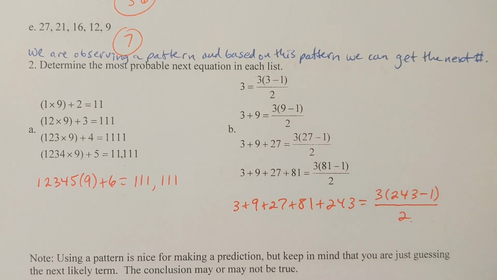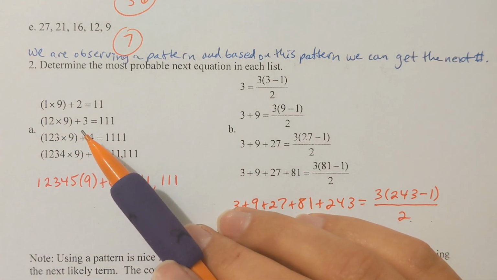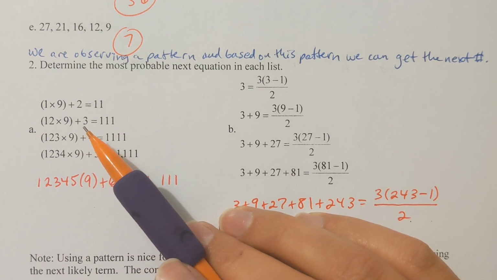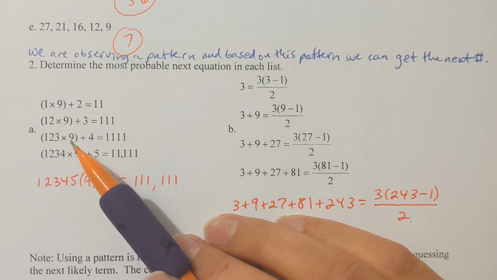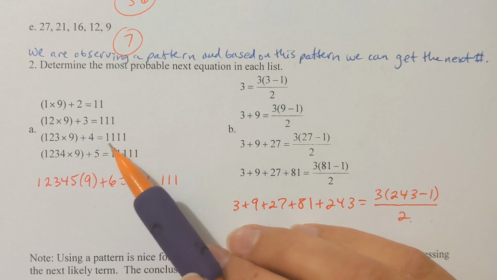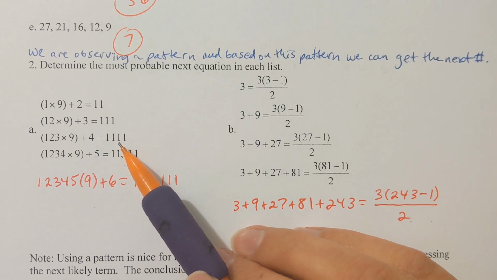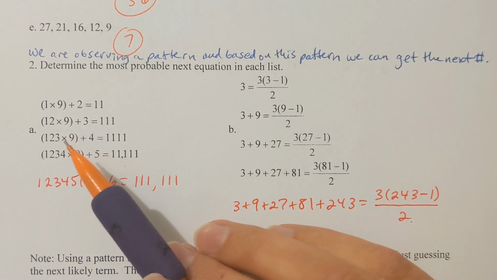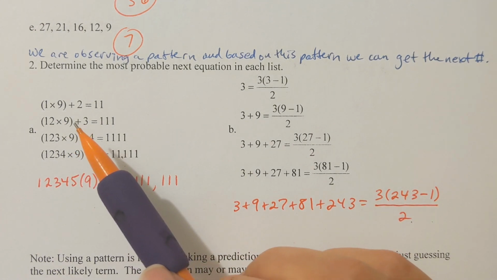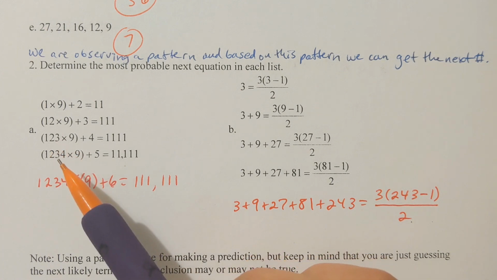So if we do a couple problems like that, part A: 1 times 9 is 9, plus 2 is 11. 12 times 9 is 108, plus 3 is 111. 123 times 9 plus 4 is 1,111.